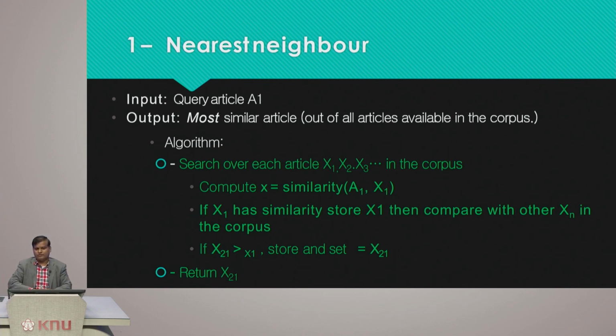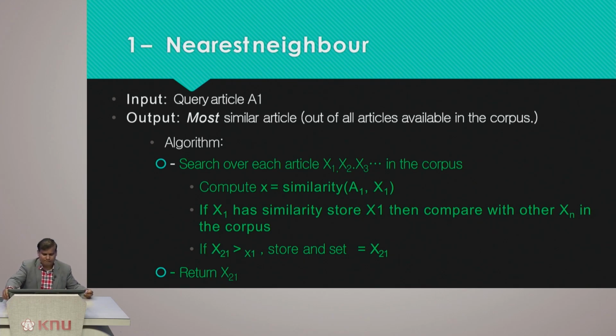So now we are going to compute the similarity between A1 and x1. You know that we have 100 articles, x1 till x100, or xn, for example, any number of articles in the corpus.